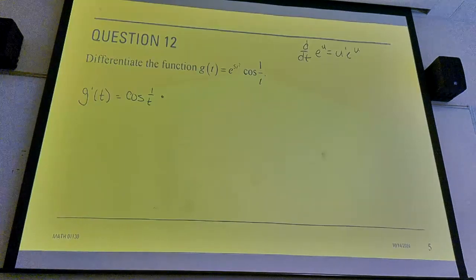Scalar multiple of a power. What is its derivative then? Plus second times derivative of the first.